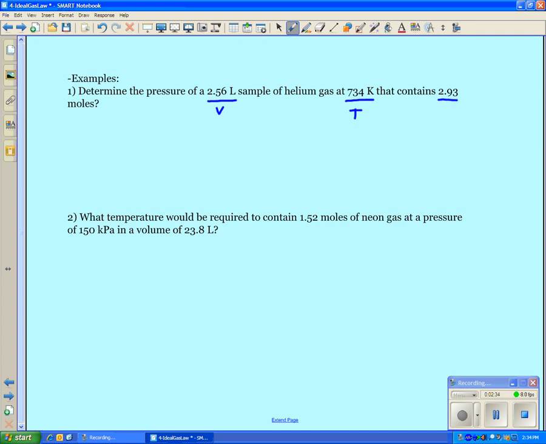And the 2.93 moles is N. So if we want to figure out pressure, then we want to rearrange our equation of PV equals nRT so that we are solving for P. So that means we need to divide both sides by volume. So after rearranging, our formula is going to look like P equals nRT over V.